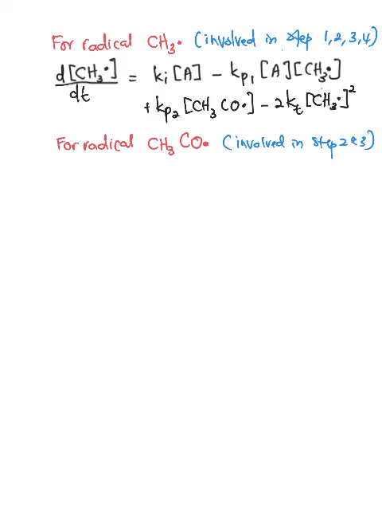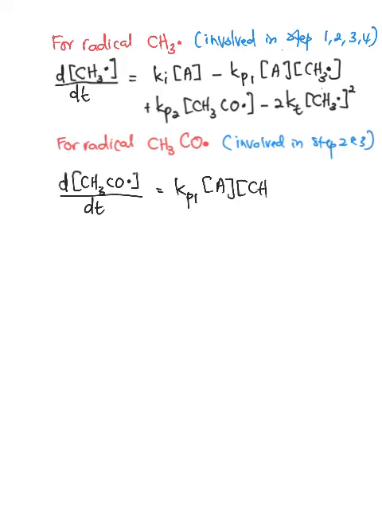Right, so the mass balance: d[CH3CO]/dt equals, propagation step 1 appears, so k_P1 A [CH3]; propagation step 2 disappears, minus k_P2 [CH3CO].